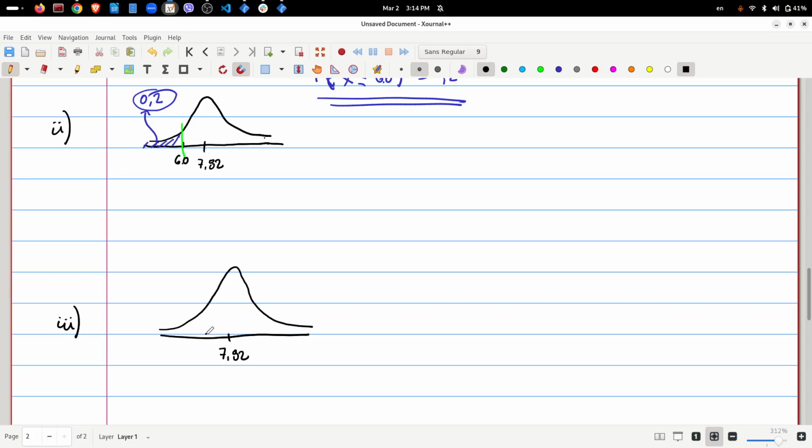A student is coming with a 7 and says, okay, you know, I got a recommendation letter because I'm a really good student. So the H1 now is that the student is excellent. And his mark is 7.